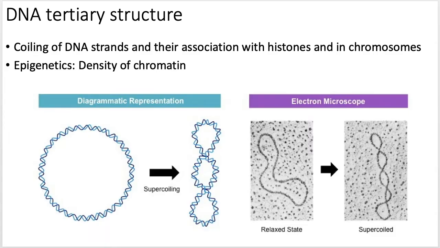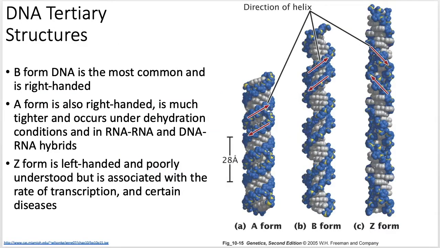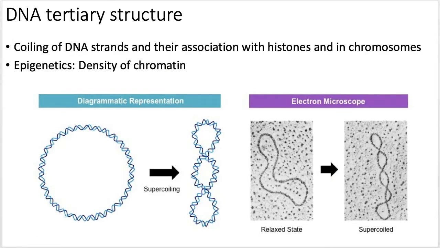Okay, let's talk about tertiary. You could argue quaternary, but I'm just going to call it tertiary structure of DNA. So that's where we get sort of epigenetics and the actual folding of the folds, okay? If we have our DNA and we start to coil it, it's got its tertiary structure, and then we start folding these over. So it's up for debate.